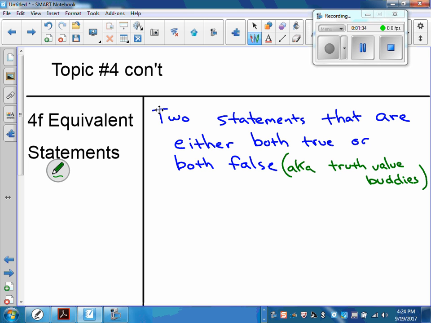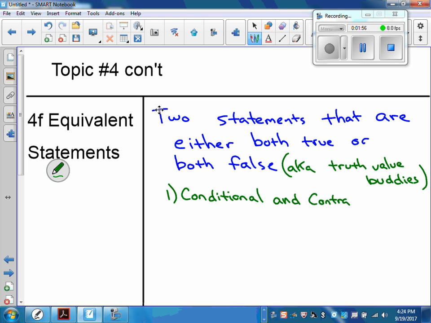The two pairs of these that we find, of the 4 that we had talked about earlier: the conditional statement, if it's true, there's no question that the contrapositive will also be true.